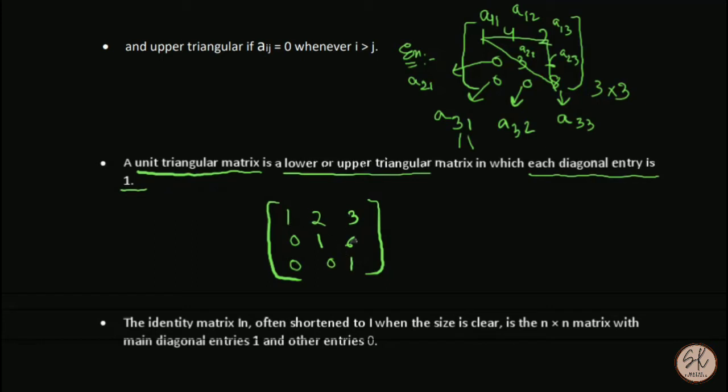This is an upper triangular matrix and the diagonal elements are 1. So this is known as a unit upper triangular matrix. This is its example.